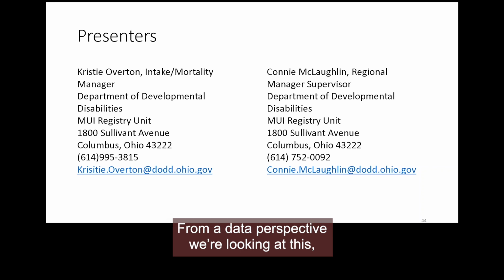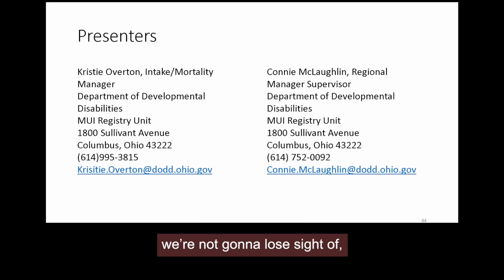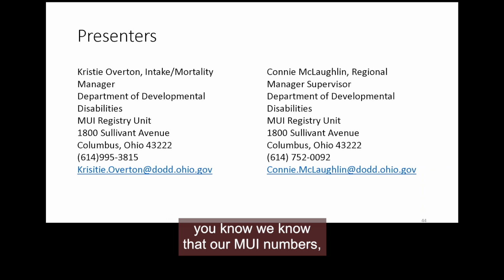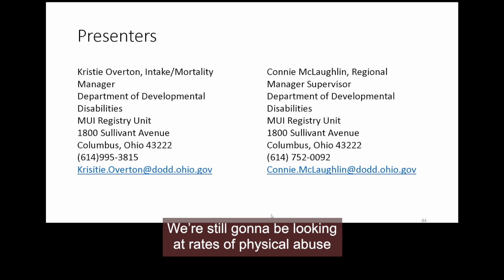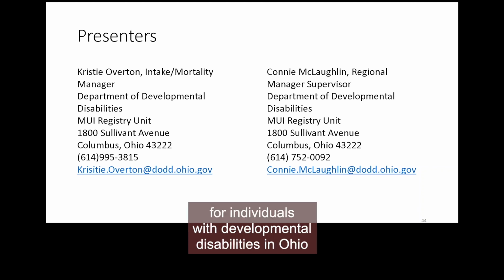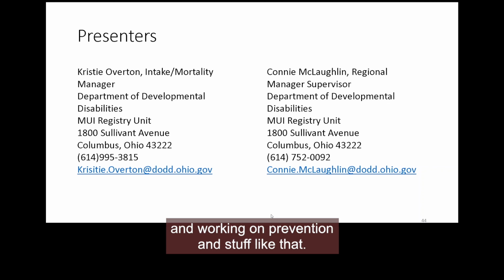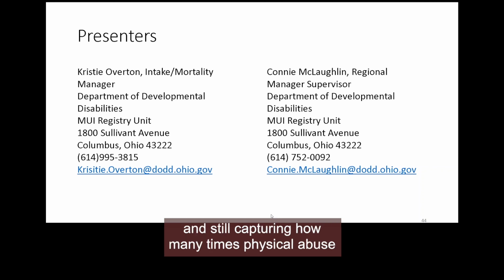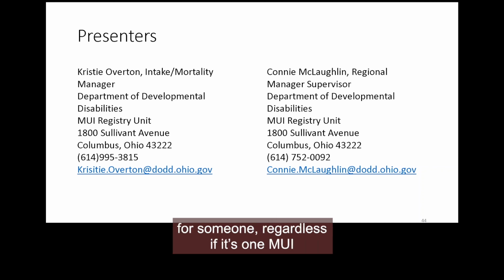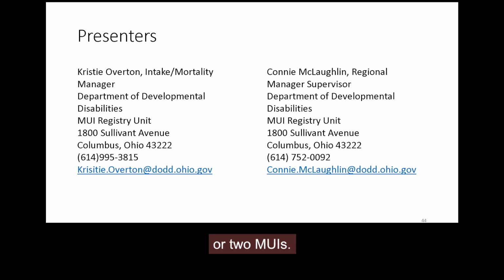From a data perspective, we're not going to lose sight of, you know, we know that our MUI numbers, just sheer numbers of MUIs, may decrease, but the categories themselves, while we may see a decline in neglect and some peer-to-peer physical acts, they're not going to be that much different. We're still going to be looking at rates of physical abuse for individuals with developmental disabilities in Ohio and working on prevention and stuff like that. So we're going to be looking at it that way and still capturing how many times physical abuse happens for someone, how many times neglect happens for someone, regardless if it's one MUI or two MUIs.